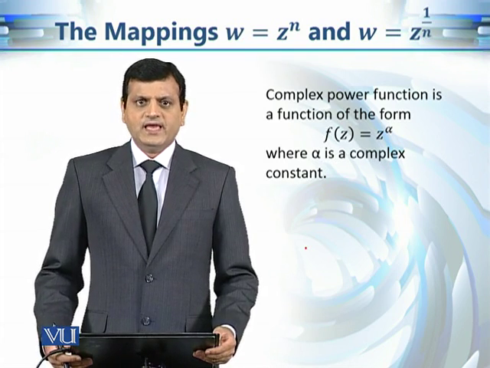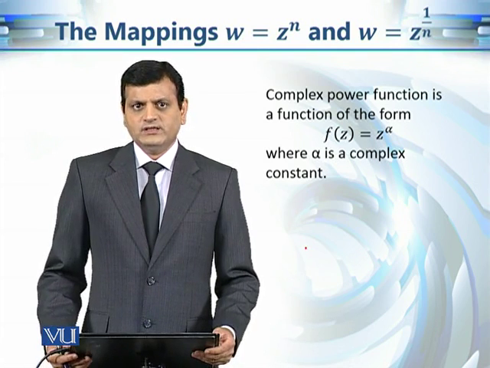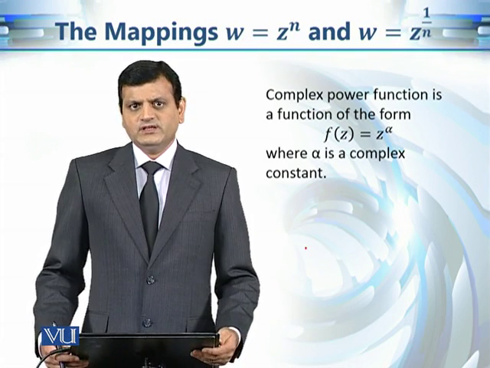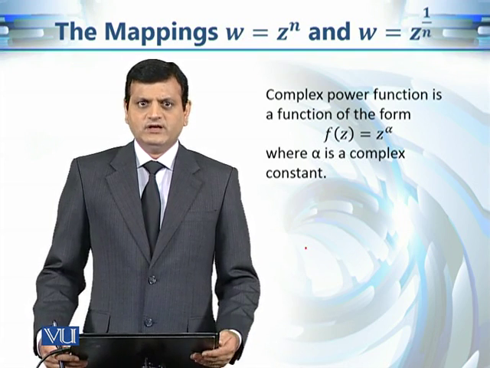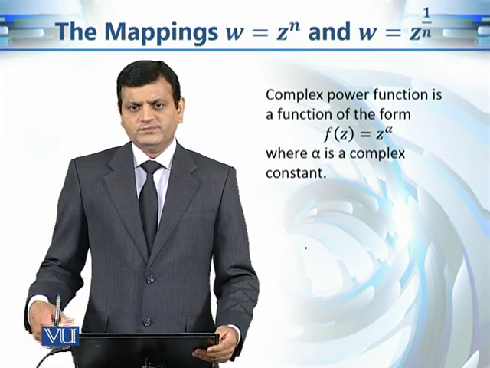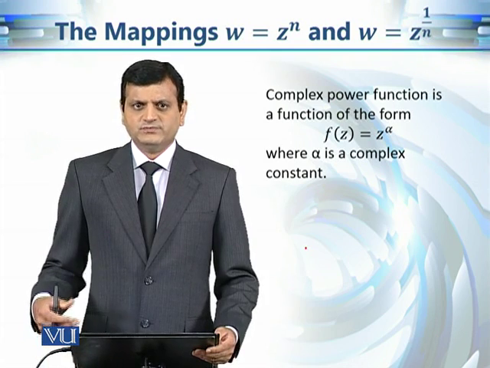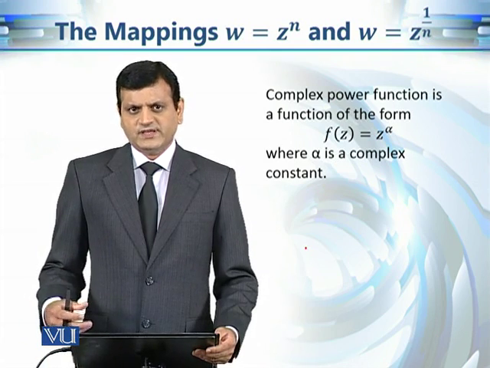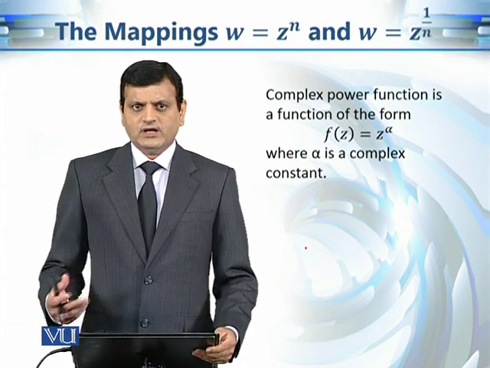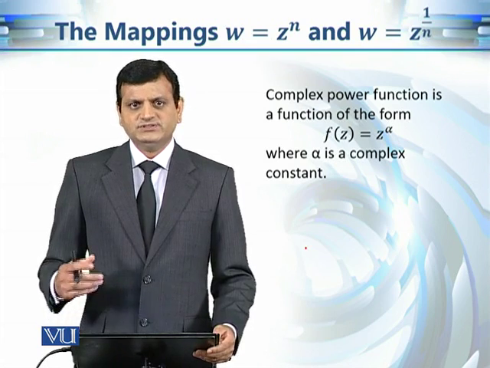It could be any number like iota, 1 plus iota, 100 plus 2 iota, or it could be purely real like 100, or purely imaginary like iota. If we consider alpha to be a complex number which involves iota, these are very complicated cases and they will be studied later. For now, we are going to focus on when alpha is an integer.